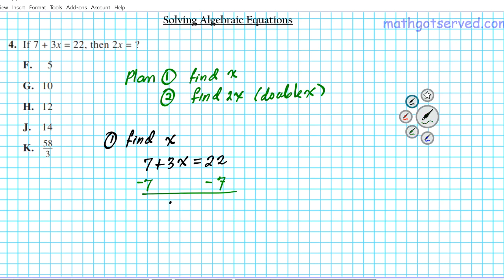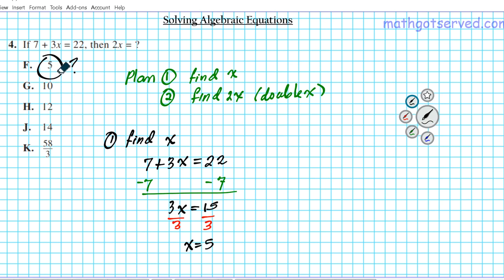We have 3x is equal to 15. And then you proceed to divide both sides by 3 to get x isolated. And you have x equals 5. Okay? And then if you notice your options here, you have 5 as the answer. So is that correct? Is your answer 5?